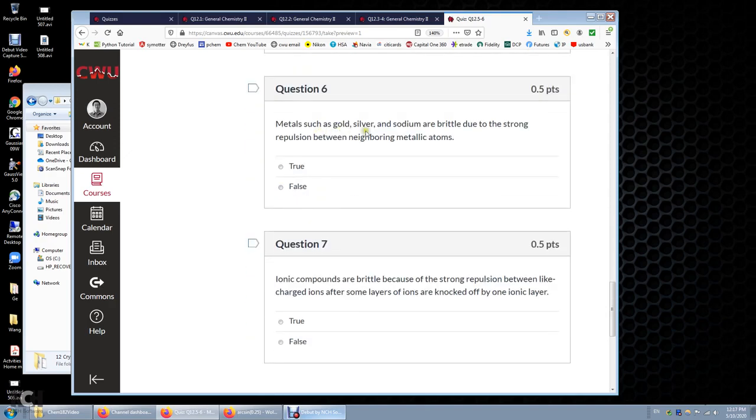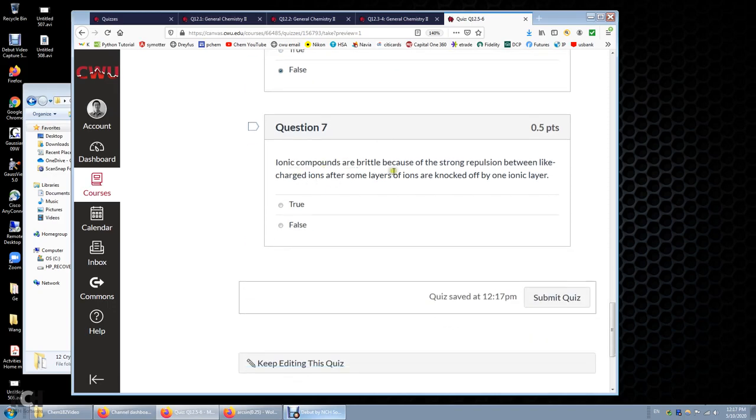Metals such as gold, silver, and sodium are brittle due to the strong repulsion between neighboring metallic atoms. No, there's no strong repulsion between metallic atoms, so false. All right. Ionic compounds are brittle because when you knock ionic compounds over here, it's possible to knock off layers of ions.